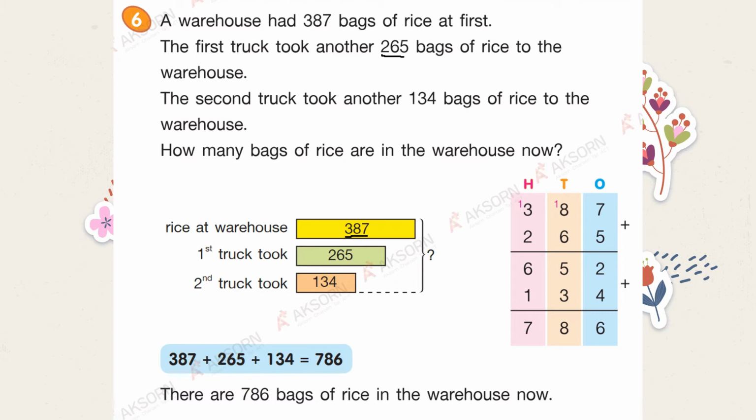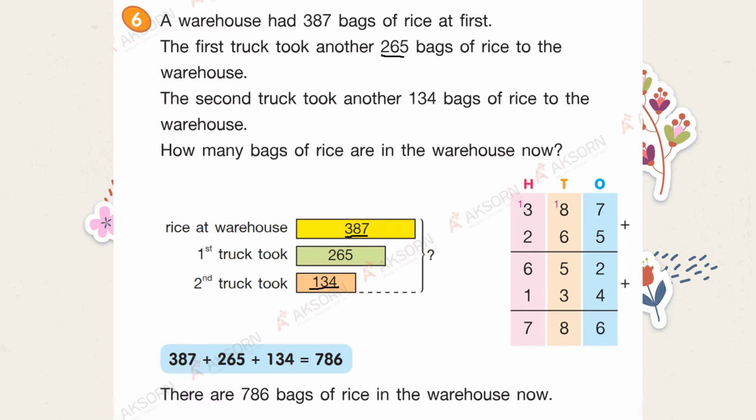And the second truck took another 134 bags of rice to the warehouse. So how many bags of rice are in the warehouse now? So we're going to add the 3 of them.